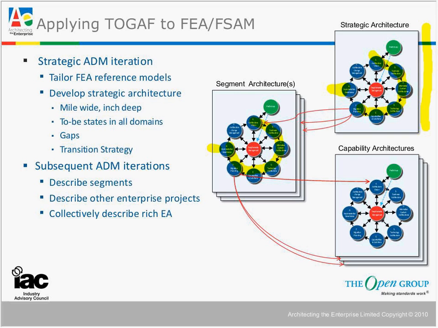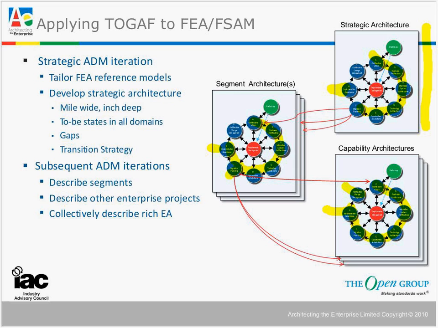And again, we're only going so far here, not actually landing anything on the ground. And then finally, when we get down to the capability or solution level, we'll go down the ADM the whole way, actually deploy projects, and then go into change management.